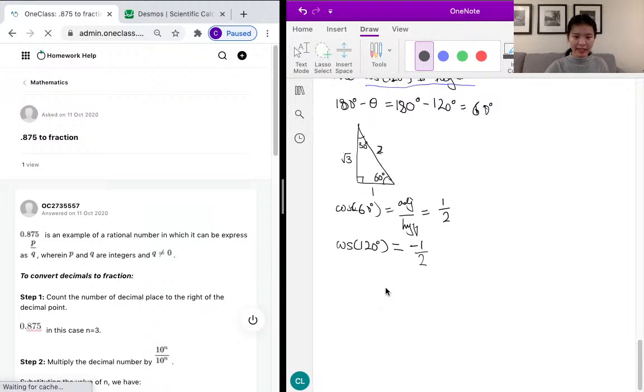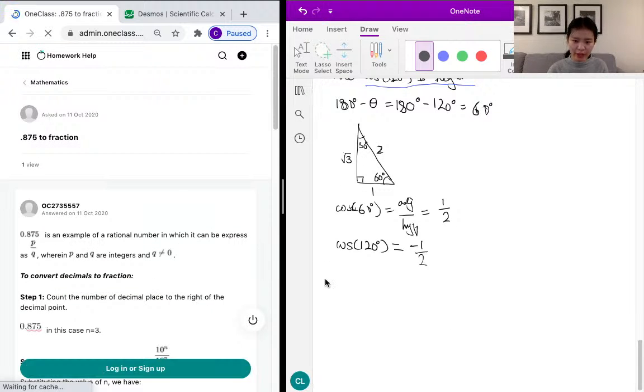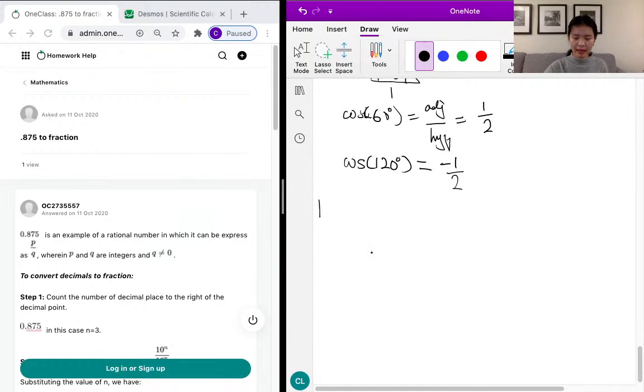Okay, for our next problem, we want to convert 0.875 to a fraction. I'll just zoom in a little. Here, for our problem number 10, we want to convert 0.875 to a fraction.